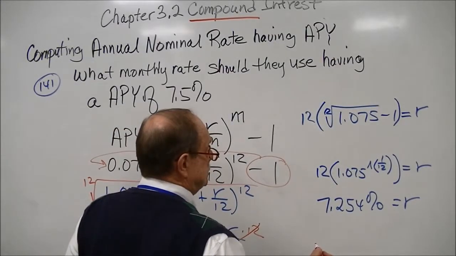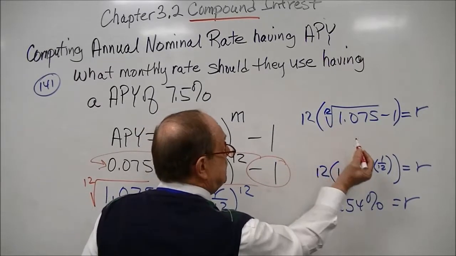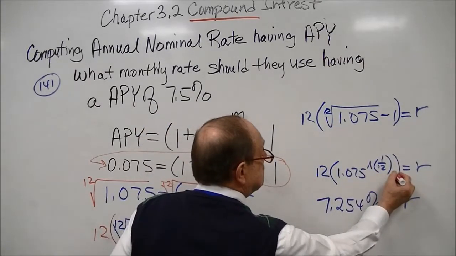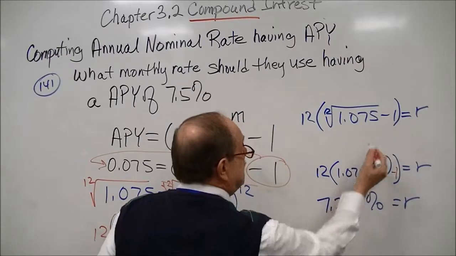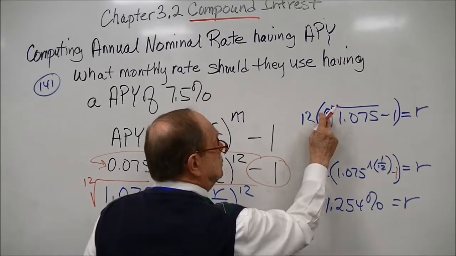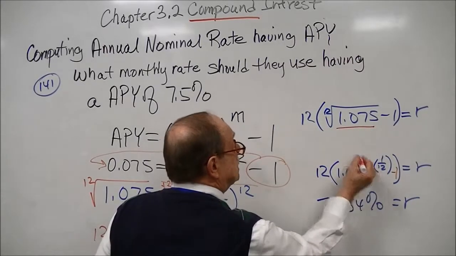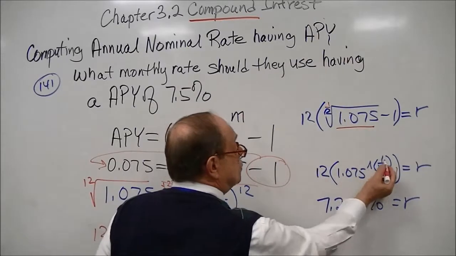Now, what I'm going to do is take this under the radical side, and if you don't know how to do the 12th root, you just put the radicand, caret, and just make that 1 over 12.